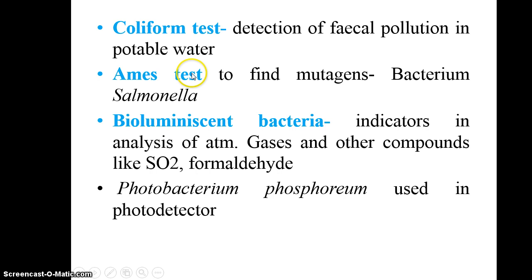Then the Ames test, a carcinogenic test to find out the mutagens, uses the bacterium Salmonella. Then bioluminescent bacteria are used to detect the pollution of CO2 and formaldehyde. One example is Photobacterium, which is used in a photo detector.